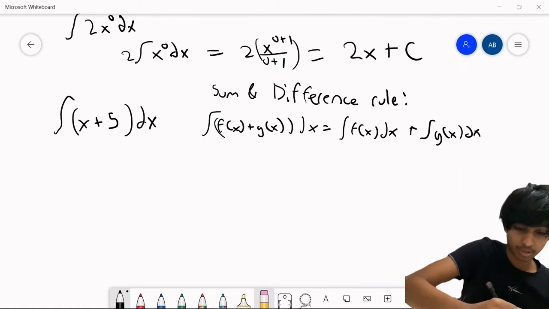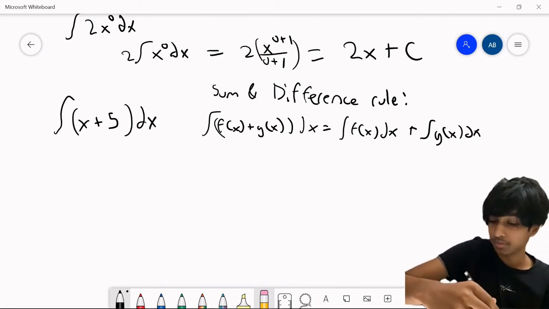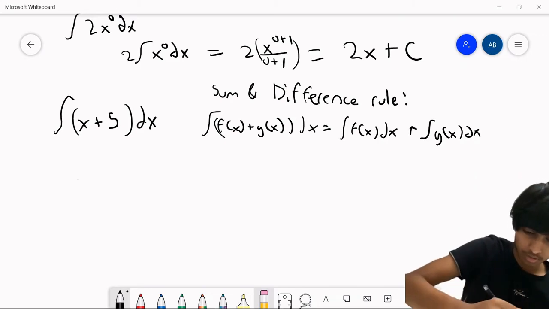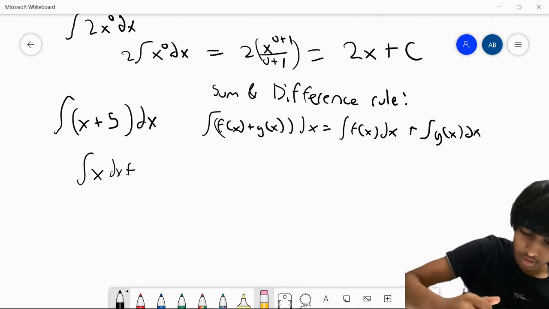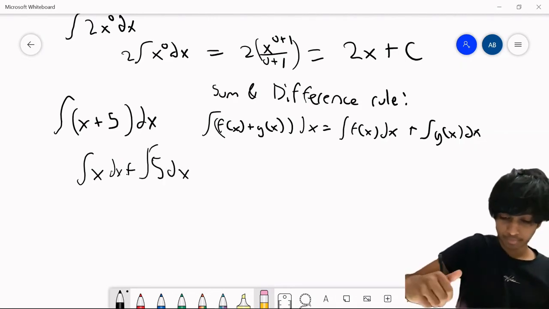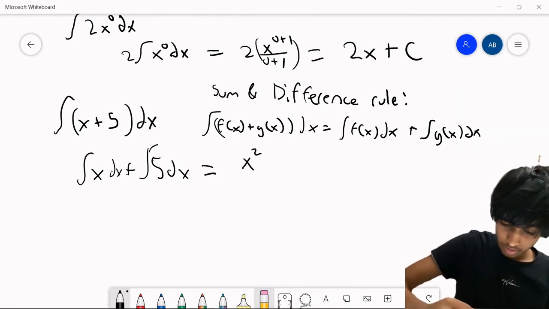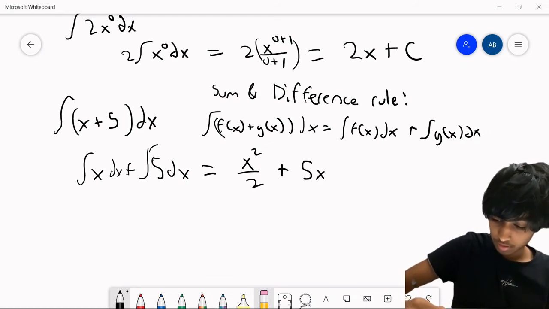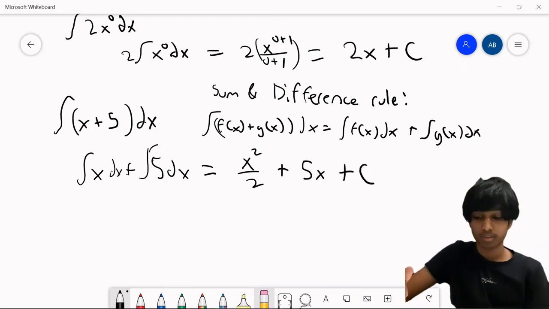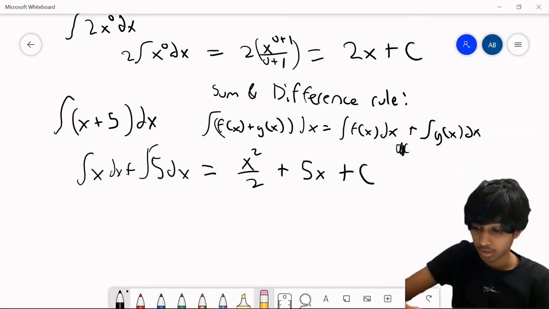So we can do the same thing here. We can treat f of x as x and g of x as 5. So the integral of x dx plus the integral of 5 dx. And we know that equals x squared over 2 plus 5x plus c. The 2c is just a constant, so we can just write it as c.